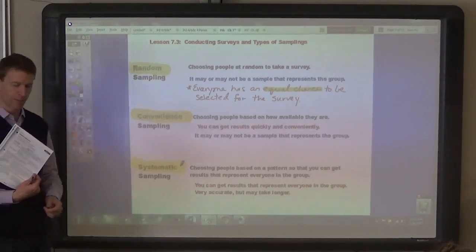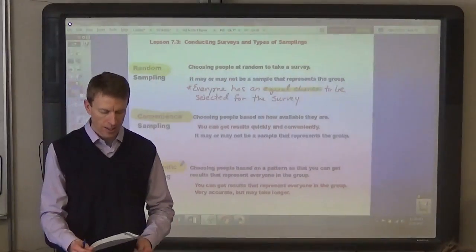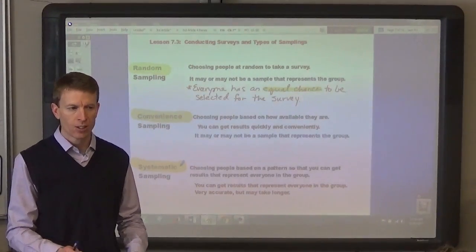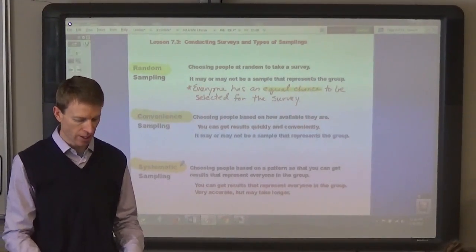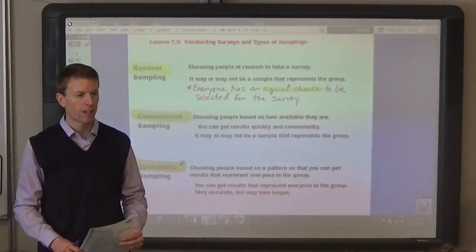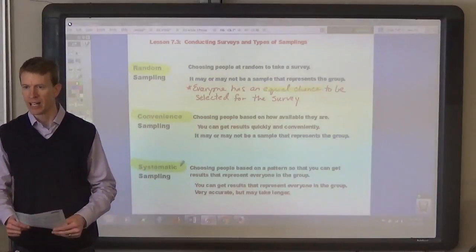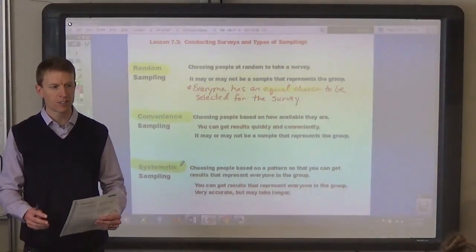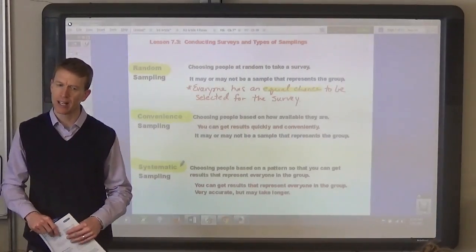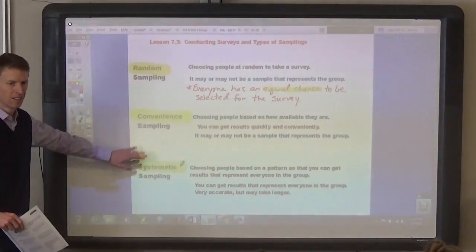Before you turn the page, there's one that we haven't talked about, and it's simply surveying the population. Okay, surveying the population. If we wanted to know the results just in our classroom, would we need to use any of these methods?